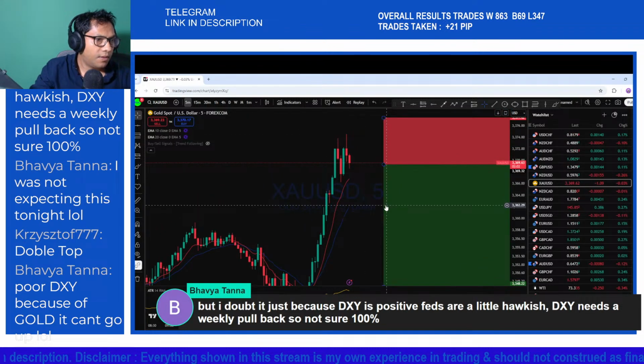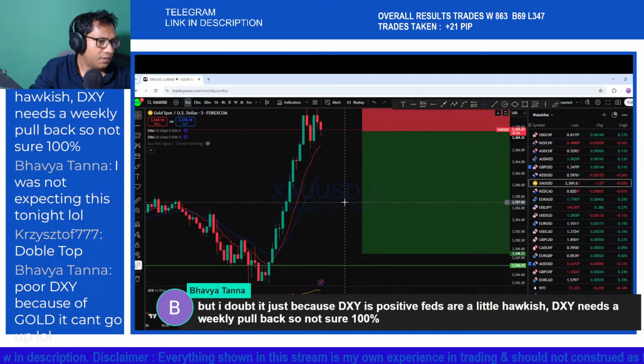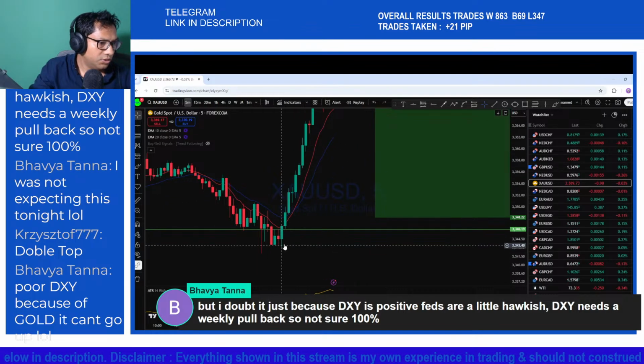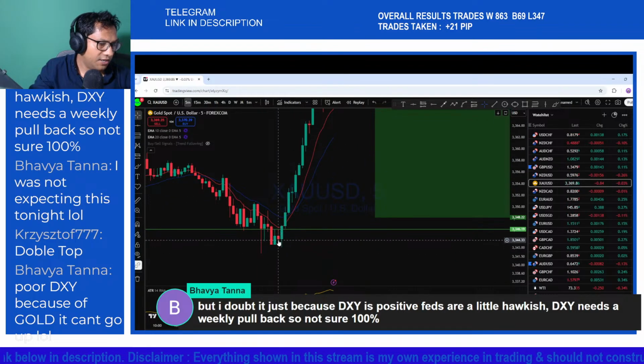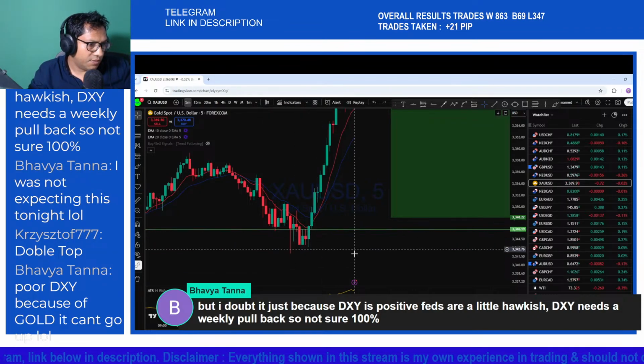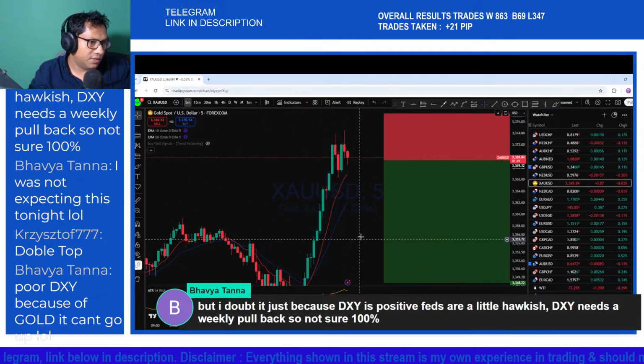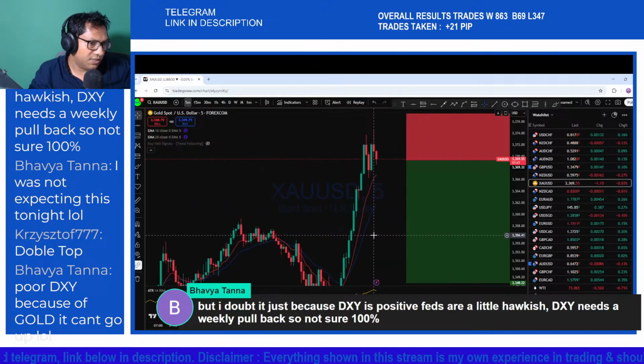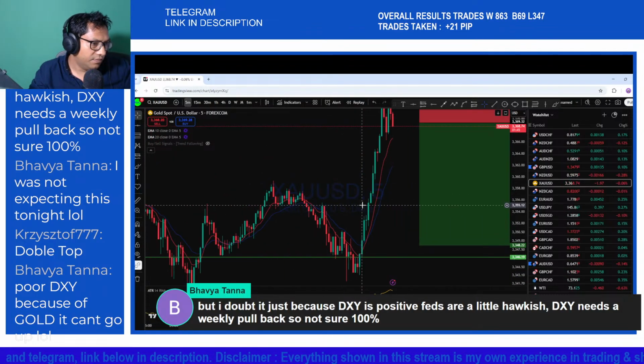And so this is a very important neckline here. If you guys look at it, you can see. And if the market drops here, that's where we may see the price hit that level.